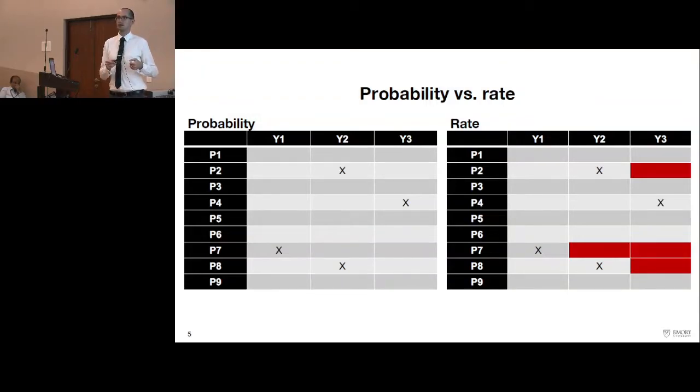Maybe this person is prone to getting the flu and therefore got it in all 3 years. That's something that ideally we would account for.